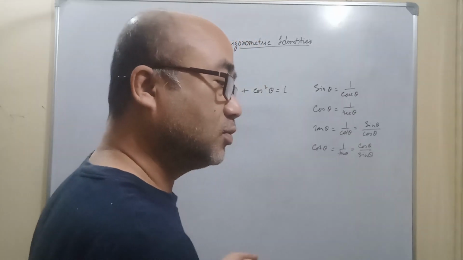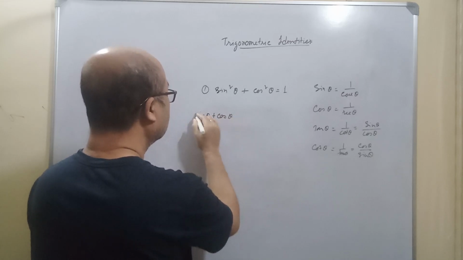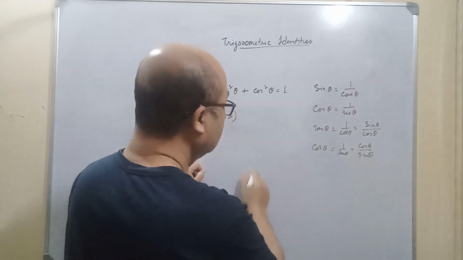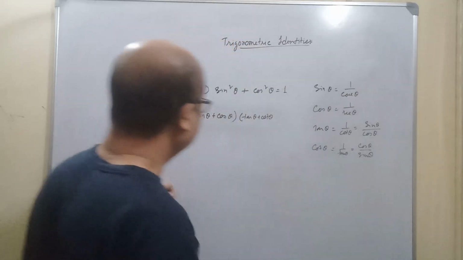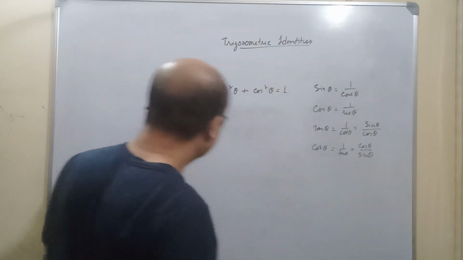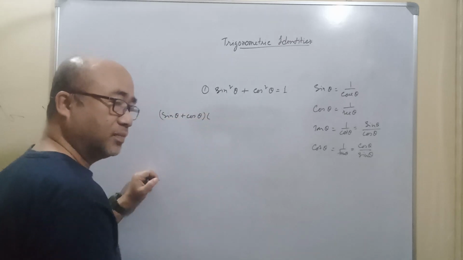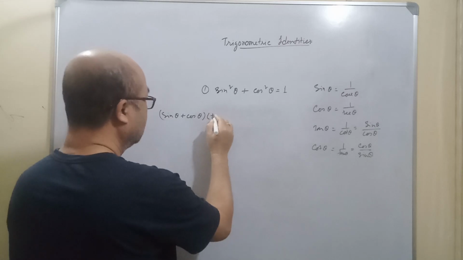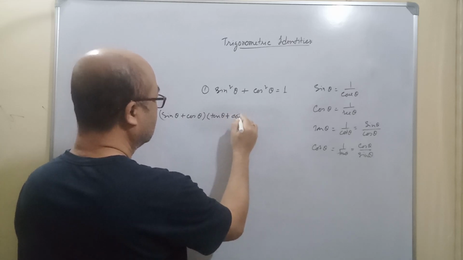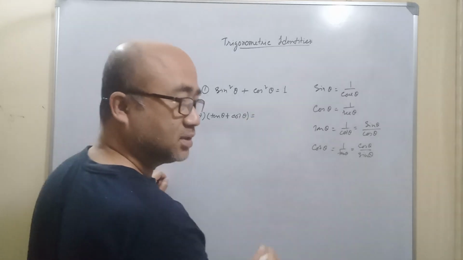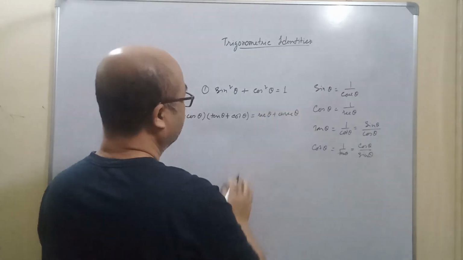So the problem is: prove that (sin θ + cos θ) / (tan θ + cot θ) is equal to sin θ cos θ... Okay.